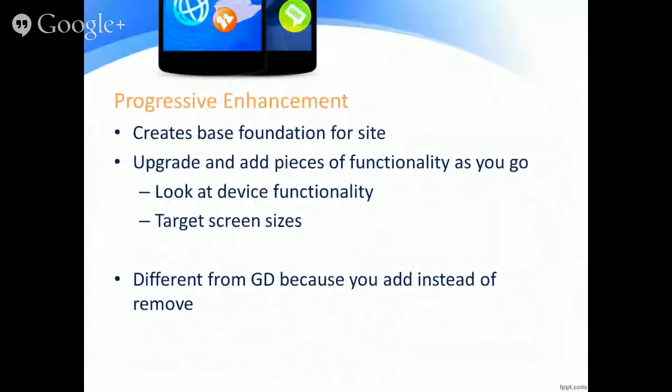Another term that is being thrown around a lot on the internet is progressive enhancement, and this is something that's newer. This is all about how you go about designing or developing the web page, where responsive and adaptive focus on how the content fits within the device. Progressive enhancement is how you actually build it up to do that.